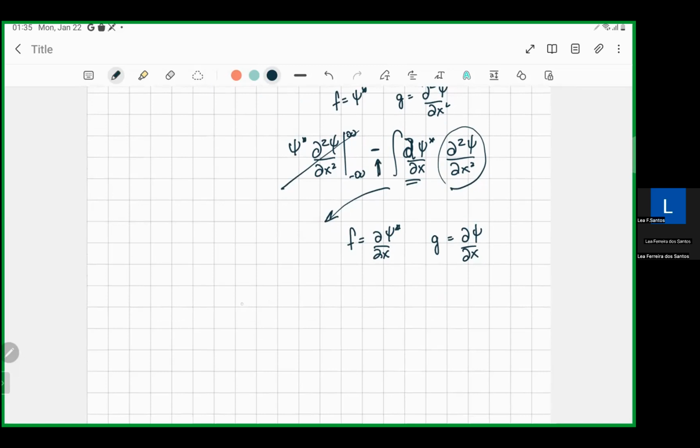So we have minus sign, and then we go f and g between minus infinity to infinity. And then minus with minus, we get plus. And in the integral, we have now the derivative of our f, and we have our g.